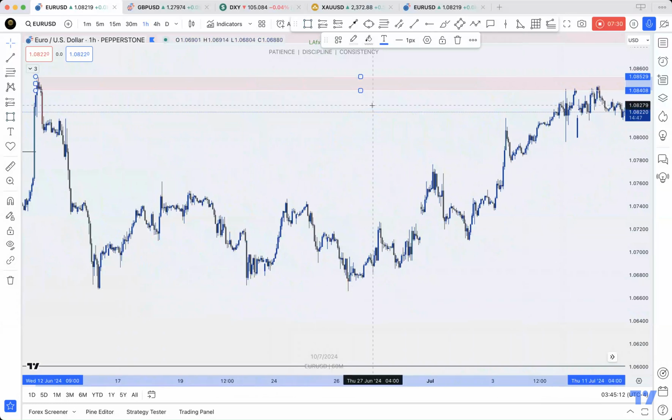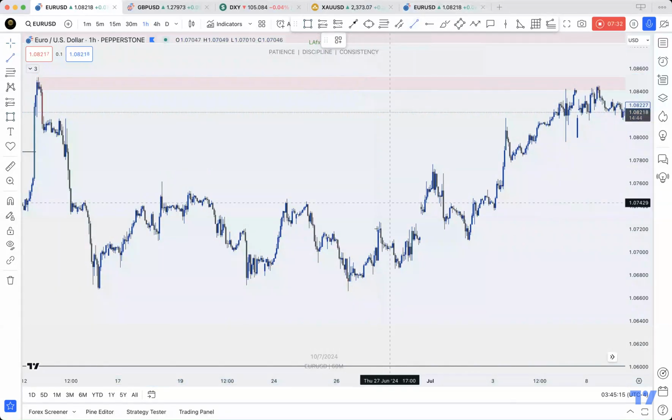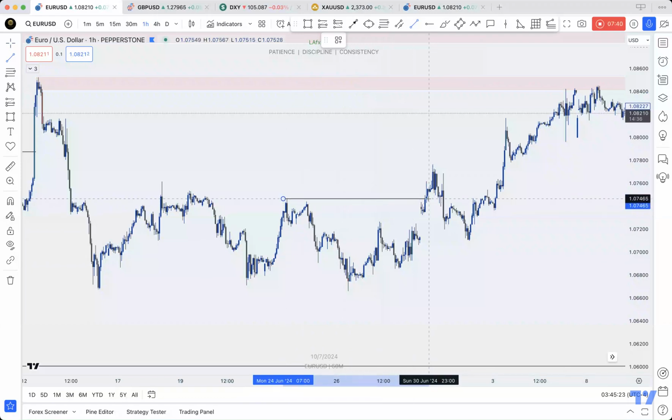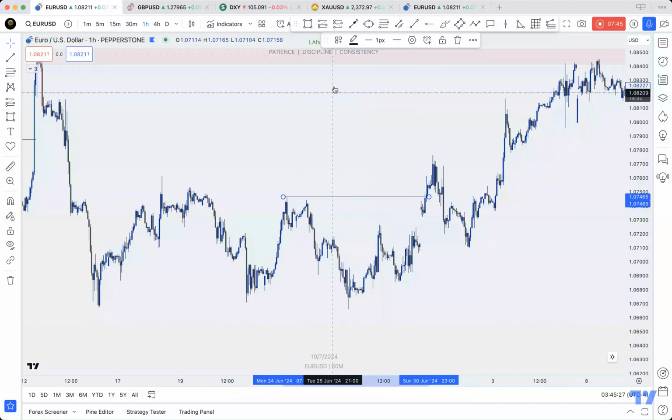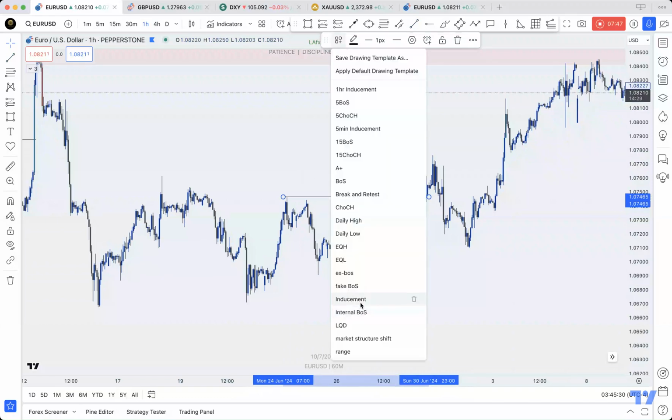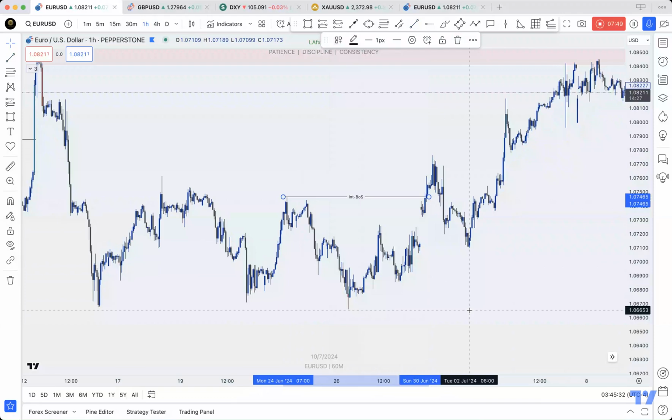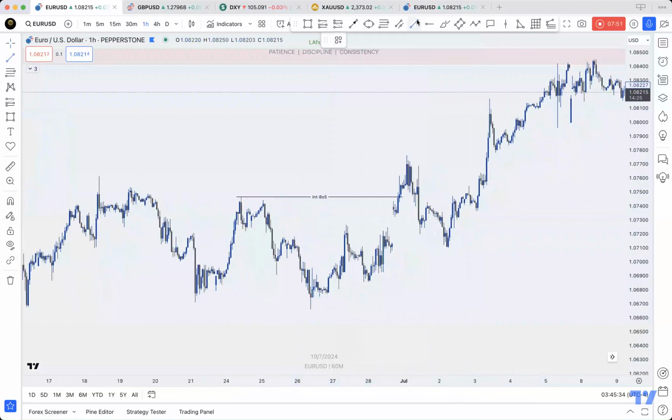This is our low. We broke this high. This is our first break of structure. All right. Then we have this break of structure.